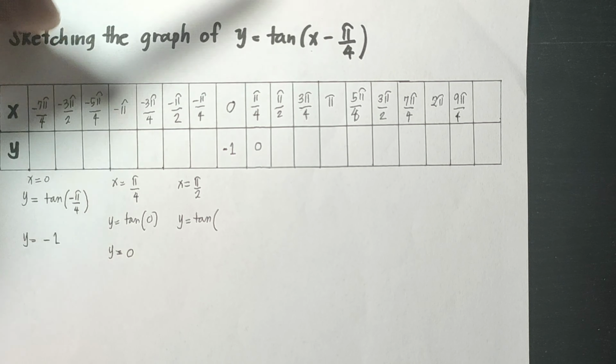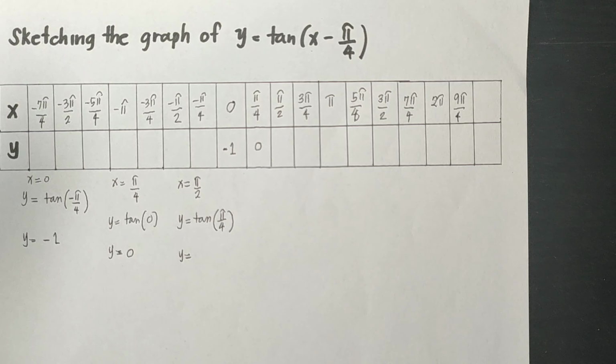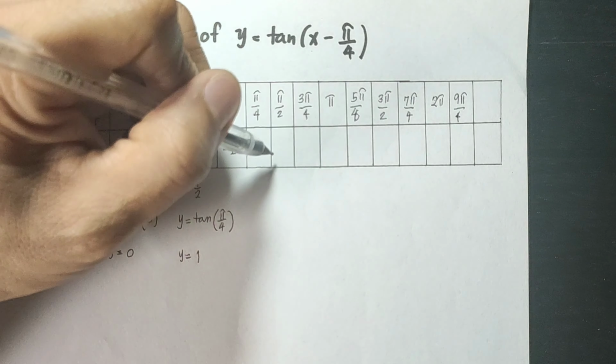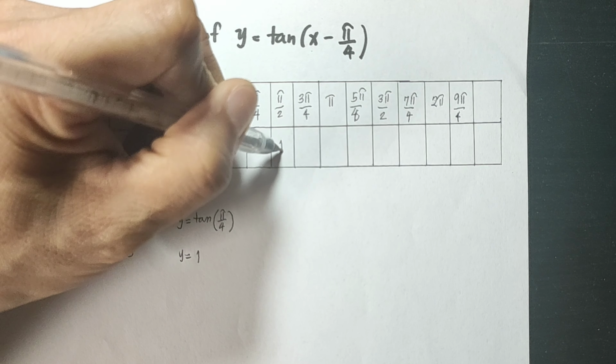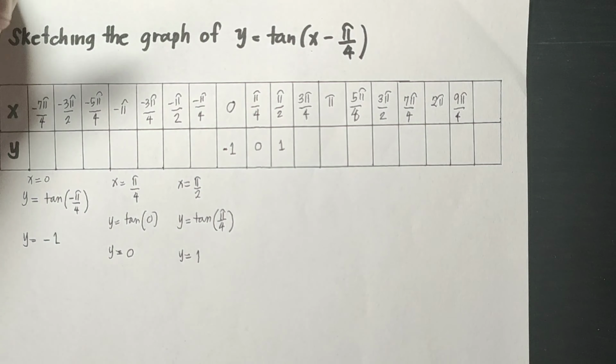And tangent of pi over 4, using our unit circle, this is the pi over 4, positive. They are the same. If we divide them, that will become 1, and the sign will be positive since they are both positive. So that is 1. So therefore, when x is pi over 2, our y is 1.